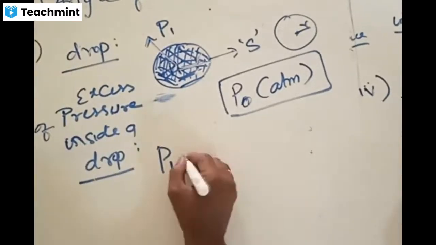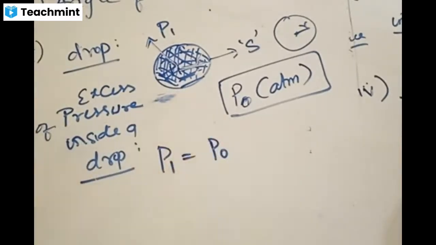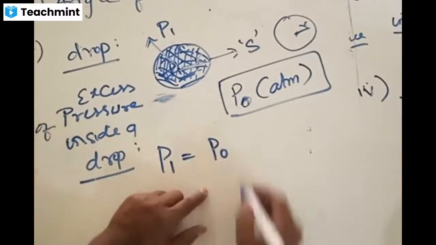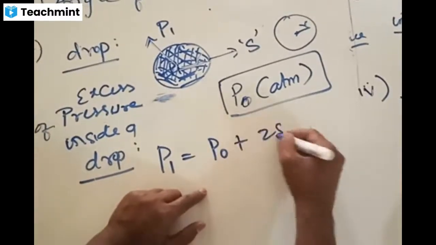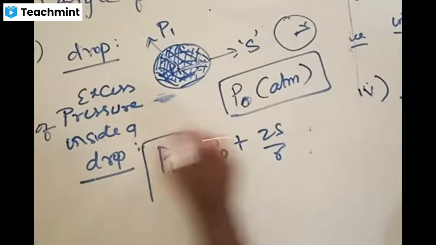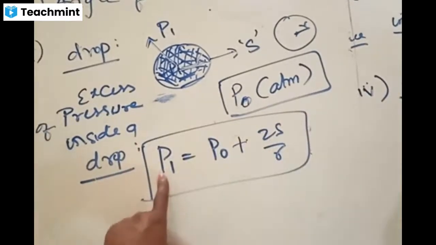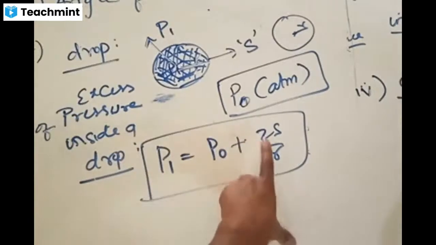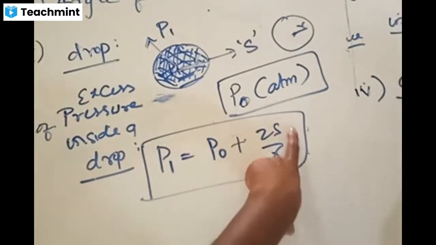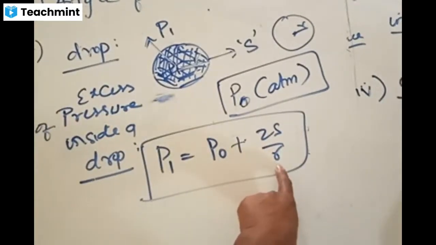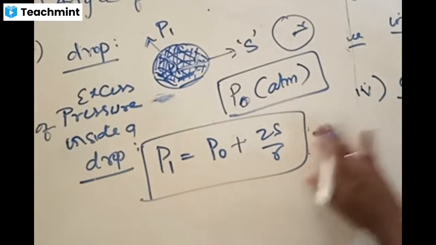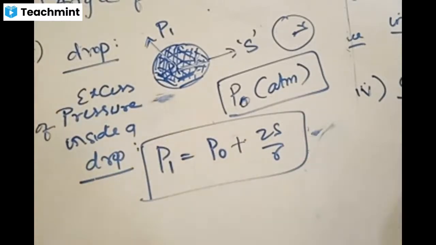This formula says that the excess of pressure inside a drop is 2S by r. The pressure inside a drop is in excess by a factor of 2S by r, where S is the surface tension and r is the radius. The derivation of this formula is not required for us, so no need to bother about it. Just remember the formula.